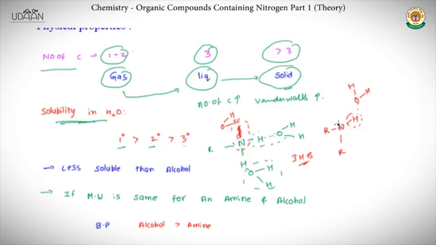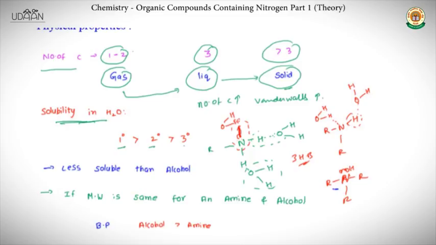Also, this nitrogen is involved in hydrogen bonding with water, like the previous one. Now, if you take a tertiary amine, then you have R3N. As you can see, this has no hydrogen. As a result of it, it is not soluble in water.